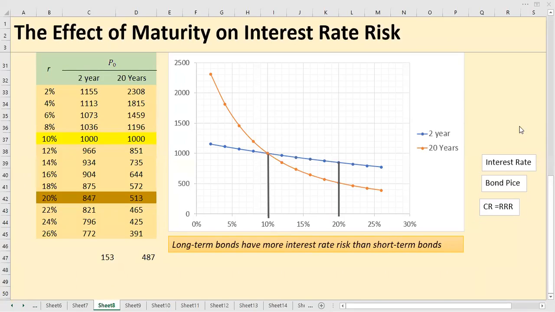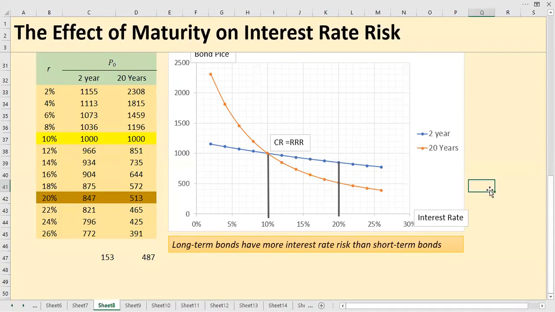So you can see at this point, the coupon rate is equal to the required rate of return, and this particular axis is bond price and this one is interest rate.